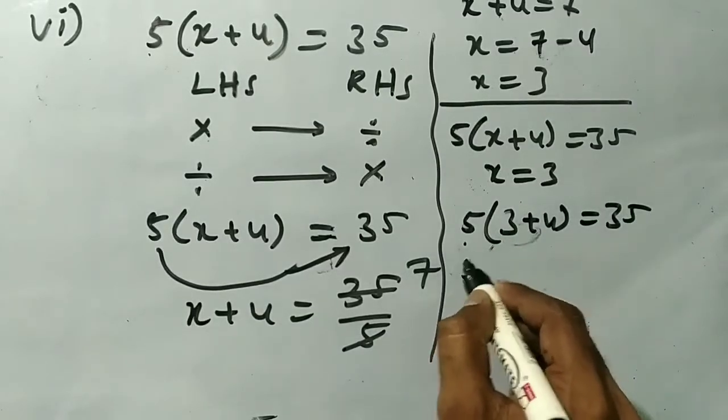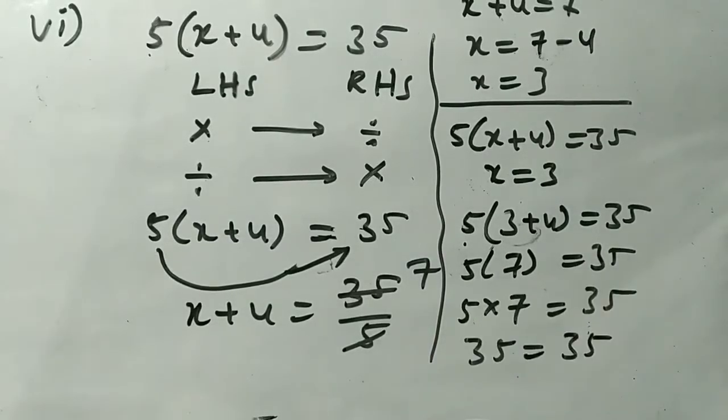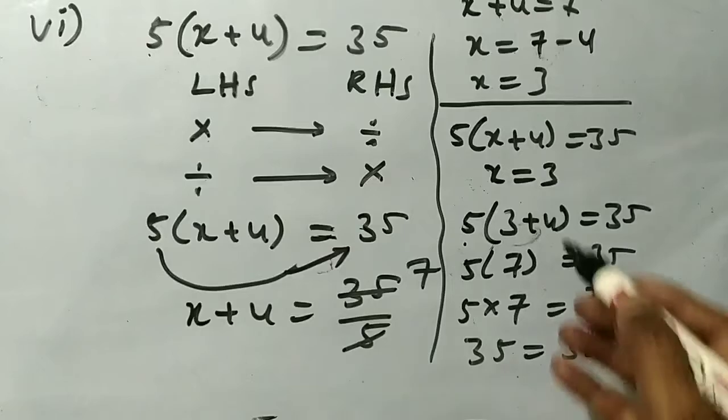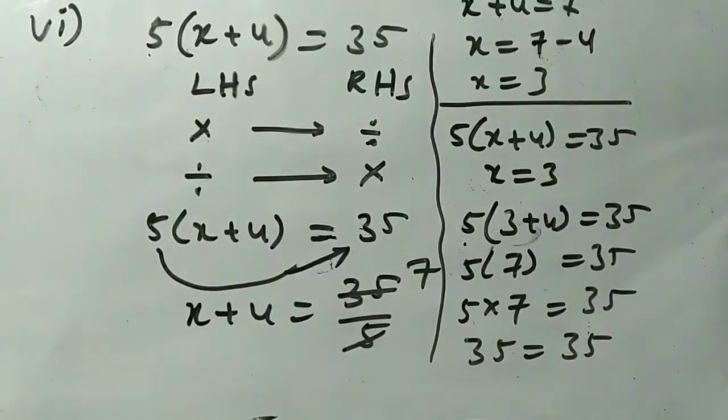So 3 plus 4 is 7, and 5 into 7 is 35. 35 is equal to 35. So LHS is equal to RHS, and we have checked the result also.